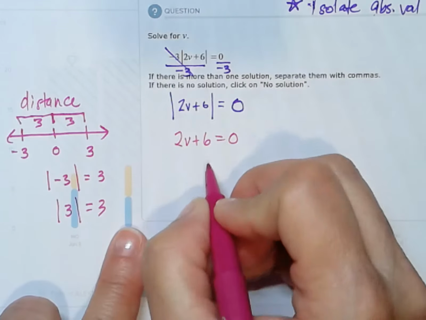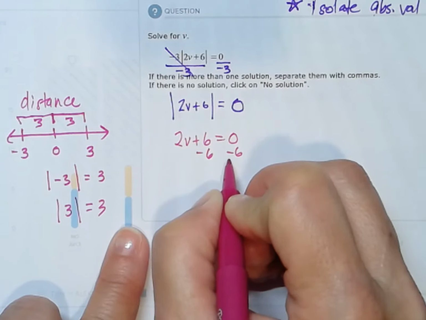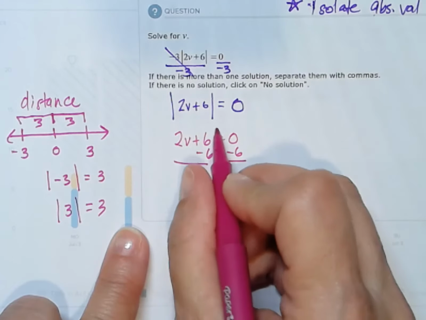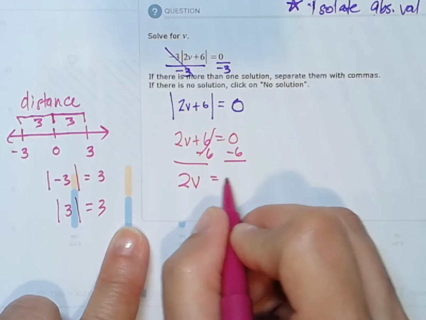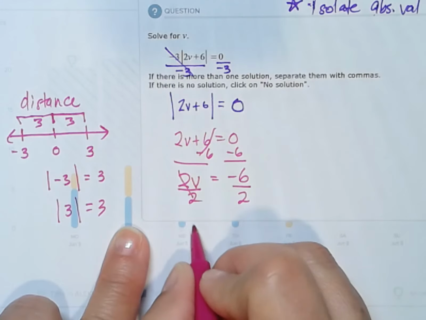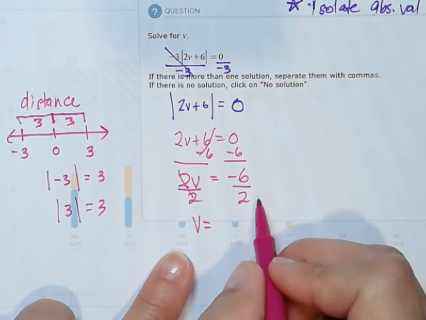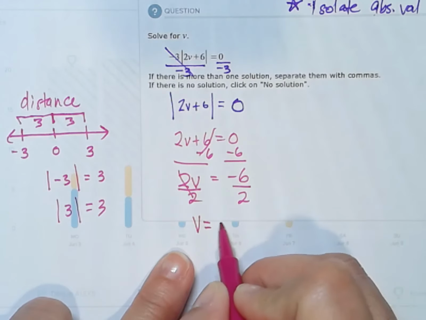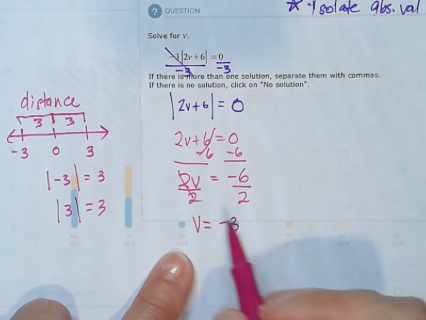And so then I would solve this equation. I'm going to subtract 6 from both sides. So 2v is equal to -6. Then I'm going to divide both sides by 2. And so v is equal to -6 divided by 2, which is -3.